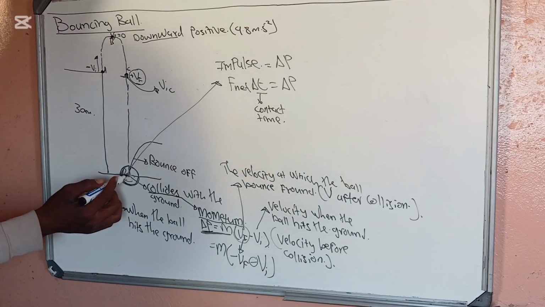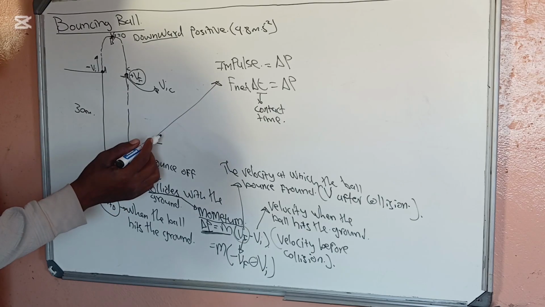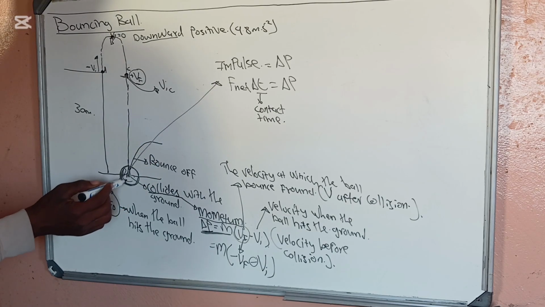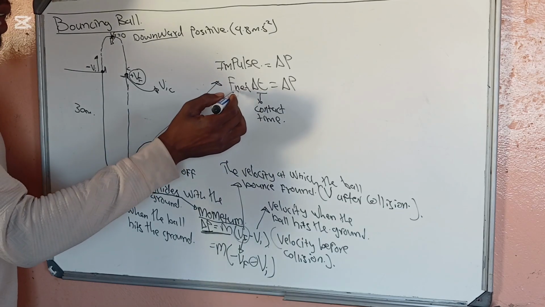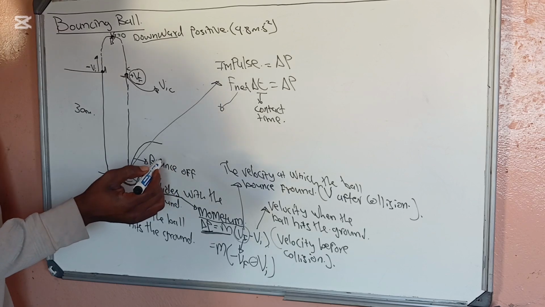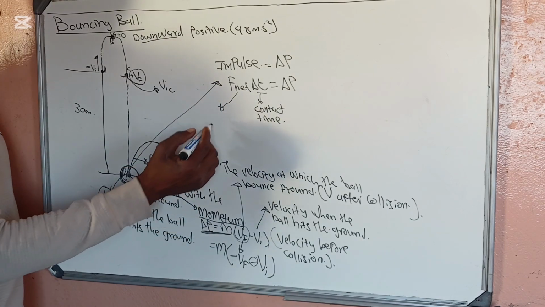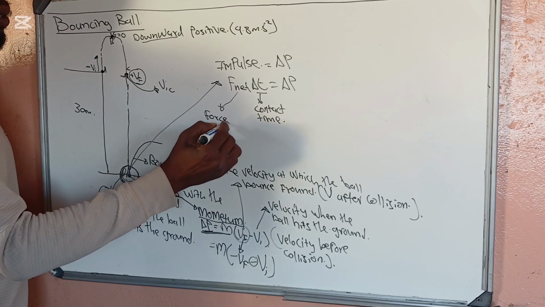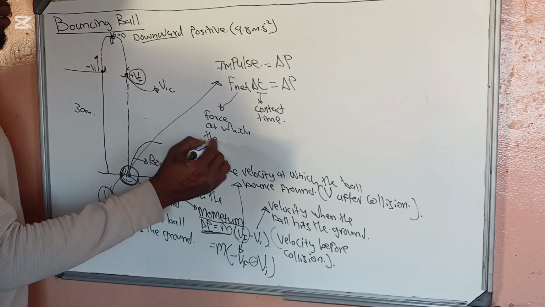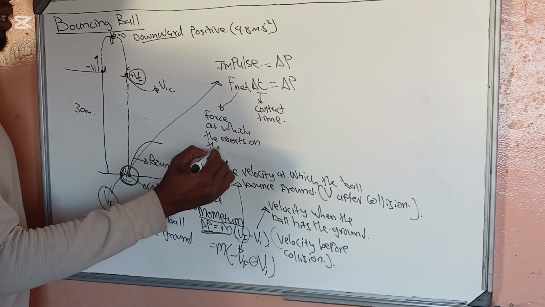The time at which this ball is in contact with the ground before it bounces. So when it hits the ground, after some time, it bounces off. Now, this one is your Fnet, the force at which the ball exerts on the ground.